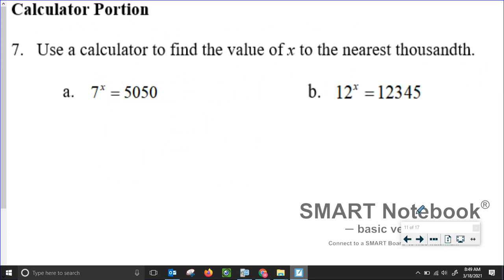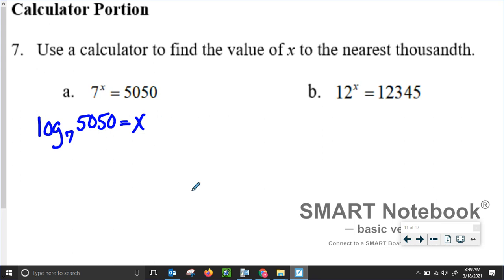Now we're going to jump to the calculator portion. So here, very hard for us to do by hand. Again, we want to use that definition of logarithm and rewrite this. This would be rewritten as log base 7 of 50/50 is equal to x.